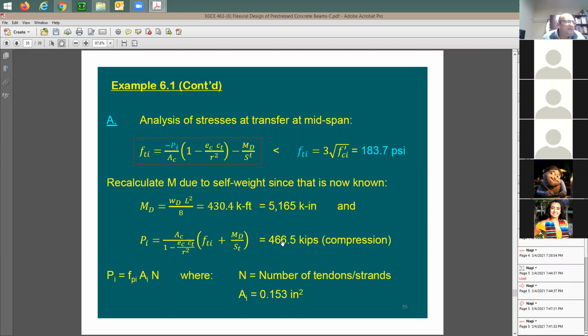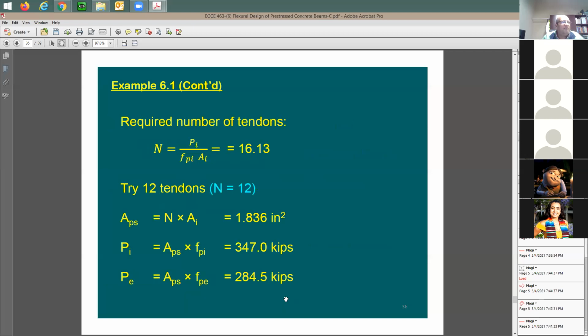So if I say here one cable or one strand has a cross-section area of 0.153. It's going to be stressed to 155. Don't forget about the 150, right? The 150 is the standard. But in this specific problem, I have it as 155. How many strands would I try or would I use? It says here 16.